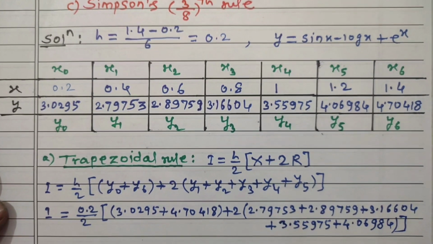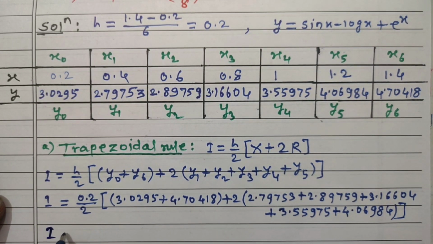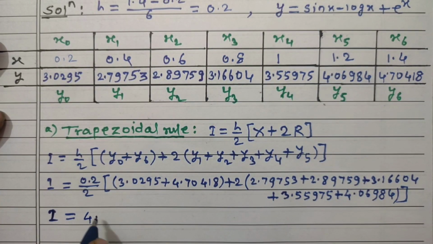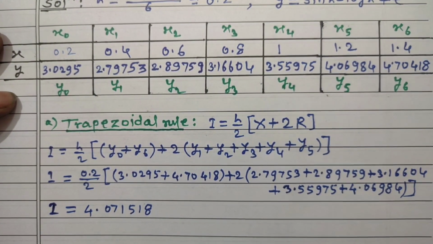Bracket close. Now use the calculator and get the value of I. Hence I is equal to 4.071518.